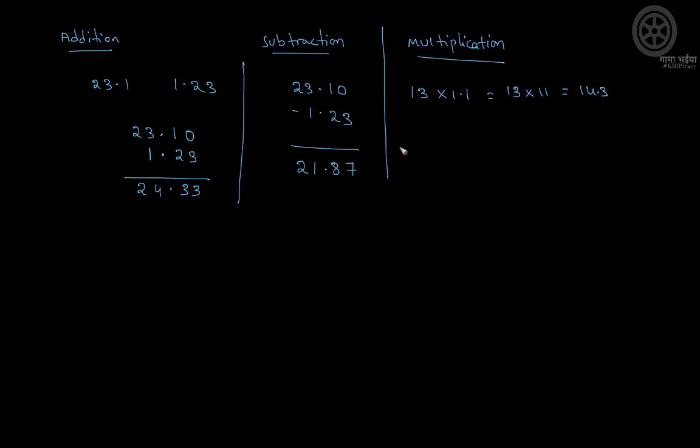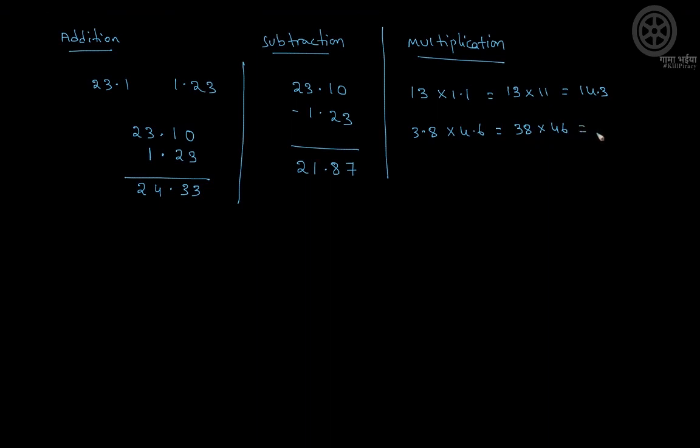Shall we see one more example? 3.8 into 4.6. Assume that there are no decimals. Then what do you do? 38 into 46.